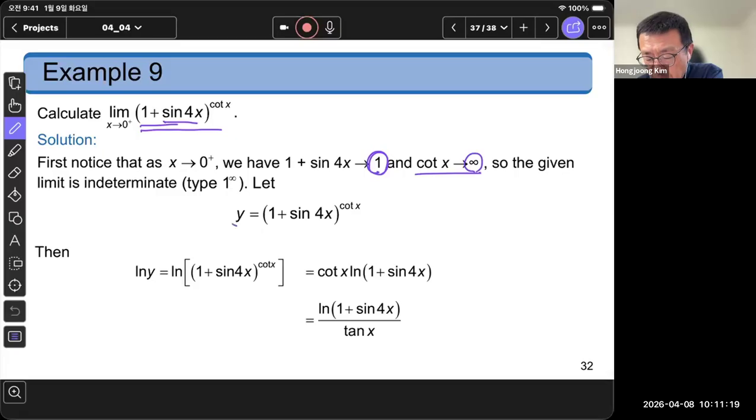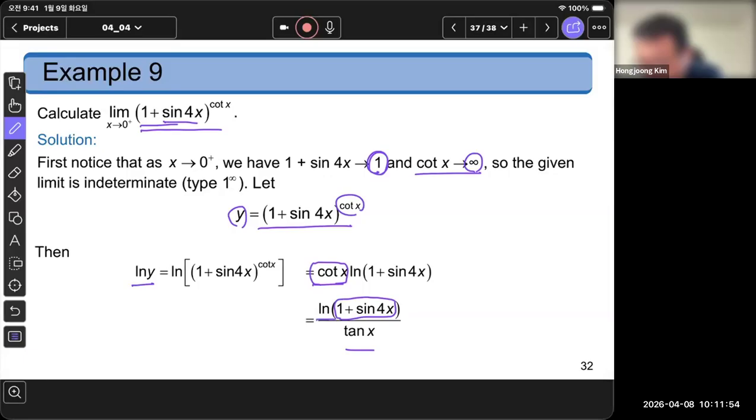So you first define y by that expression. You take the log function. Then this cotangent function can be moved to the front of the logarithmic function. Then if I use the identity that cotangent x is the reciprocal of the tangent function, we get this. And then 1 plus a sine function is approaching the value 1, as I said.